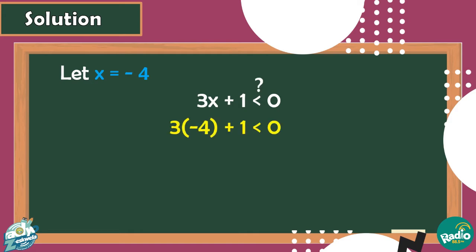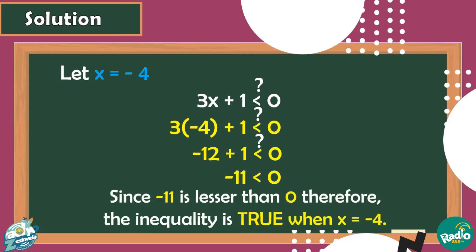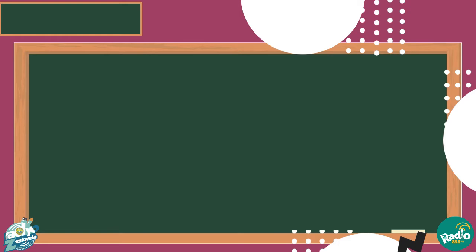Substitute the value of x, which is -4. The inequality becomes 3 times -4 + 1 < 0. By simplifying, we got -12 + 1 < 0. And -11 is lesser than 0. Since -11 is lesser than 0, therefore the inequality is true when x = -4.